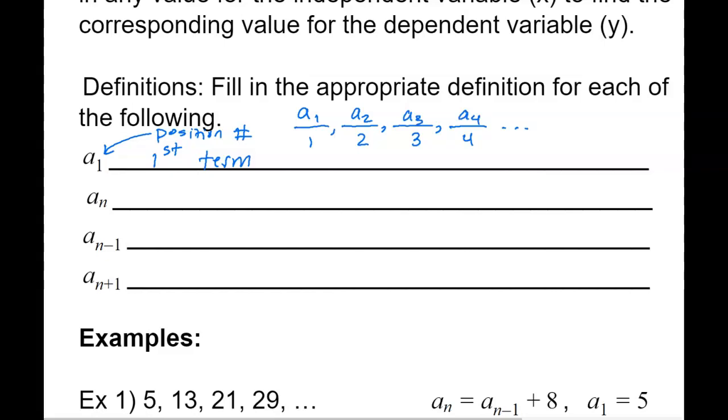Then a sub n, again, the subscript n is your position.